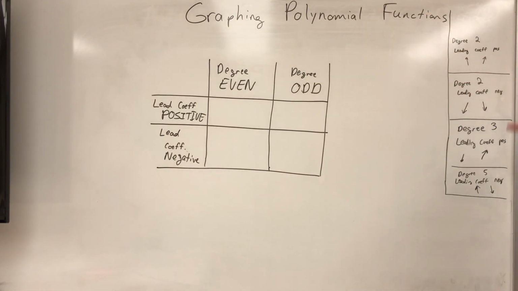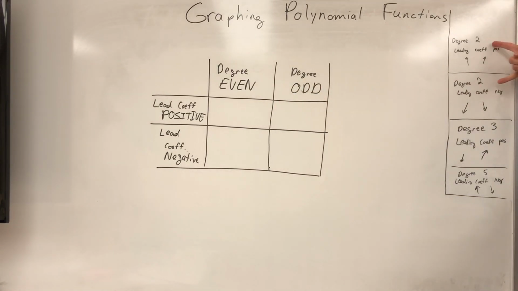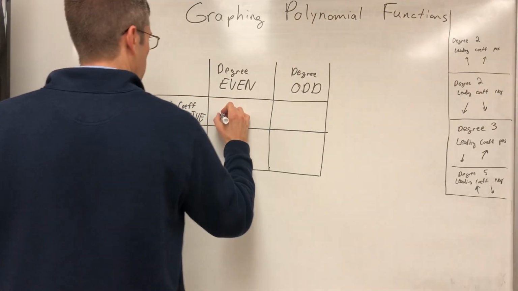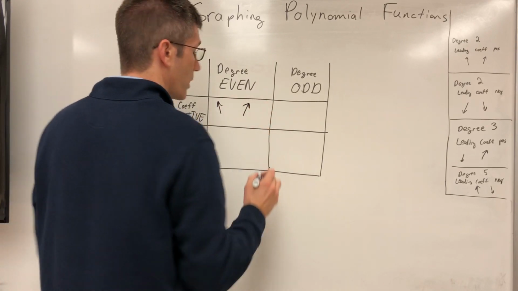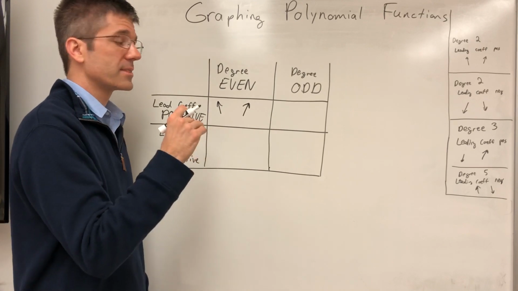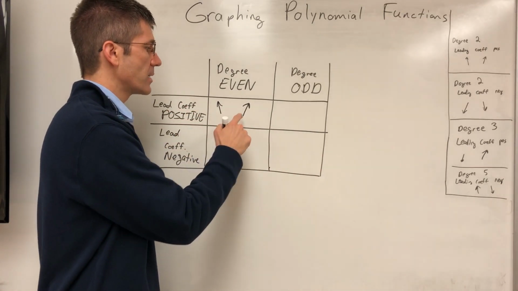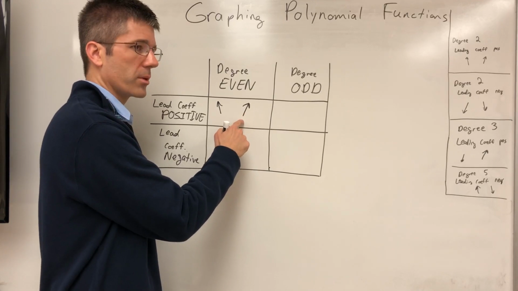So if my degree is even, like 2, and I have a positive leading coefficient, then it goes up, up. Now if we're going to get technical, I'm not going to write this: as x approaches negative infinity, y approaches infinity. As x approaches positive infinity, y approaches infinity.